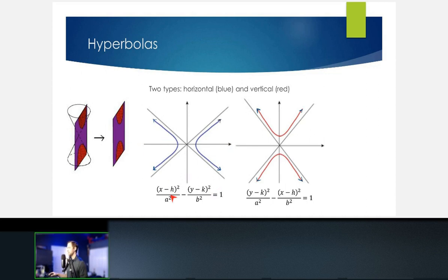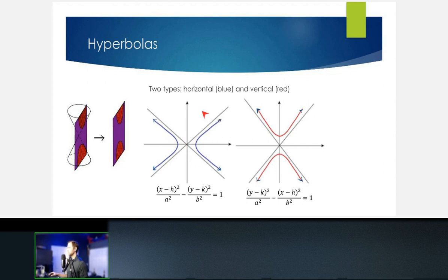Then there's that equation. So if you notice between the two, on this equation versus this equation, do you notice how the x stuff is first, and then this one over here, the y stuff is first?